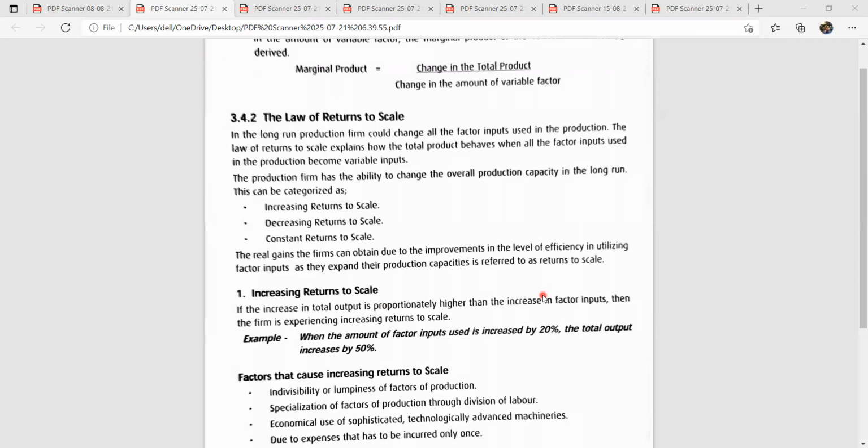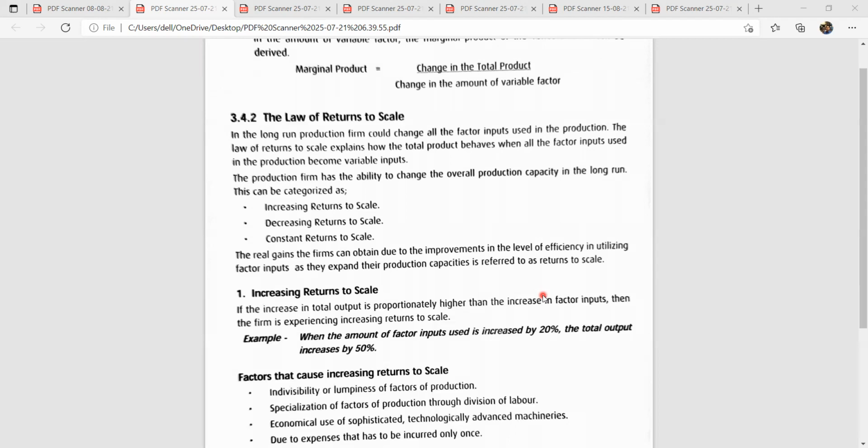The law of return to scale explains how total product behaves when all the factor inputs used in the production become variable inputs. So actually in the long run, there are no fixed factors. All the factors are said to be variable.